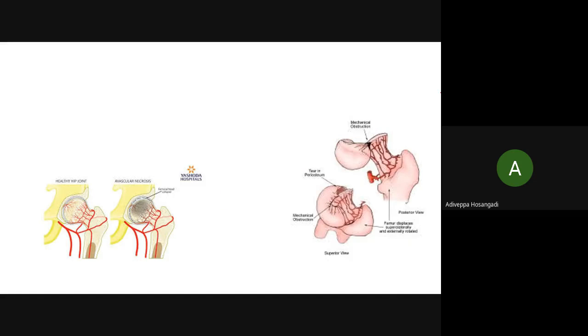So what happens in avascular necrosis? You have to remember, I will go to this. It is an idiopathic avascular necrosis.